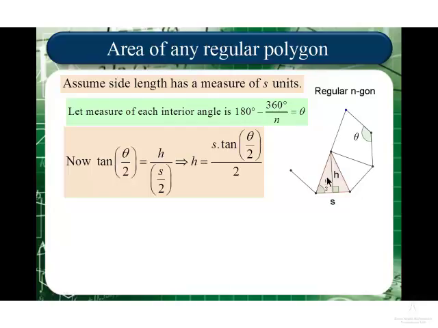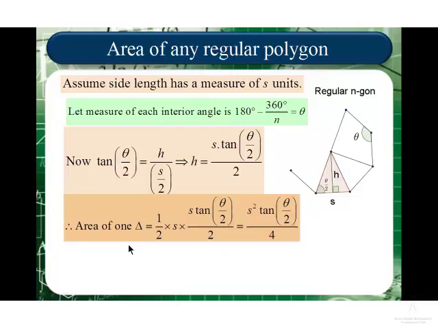The area for each one of those triangles will be given as a half times the side length, in this case S, times the height expressed in terms of the interior angle and the side length S. So we take this formula for h and put it in position here: half times the base times the height.